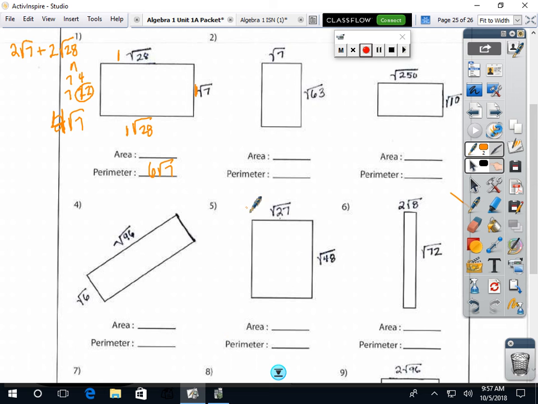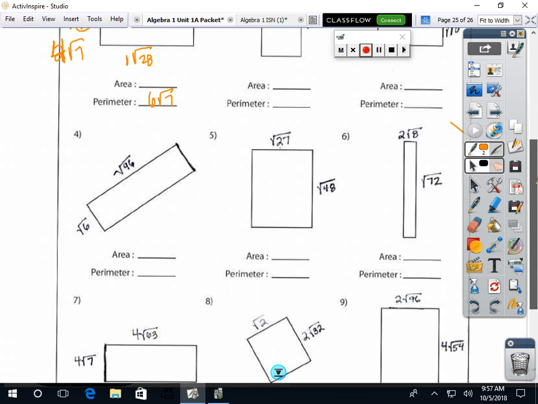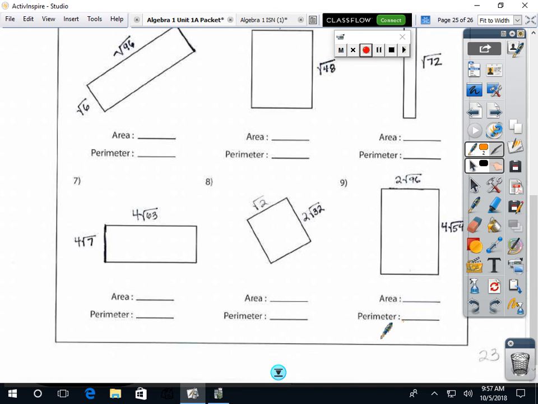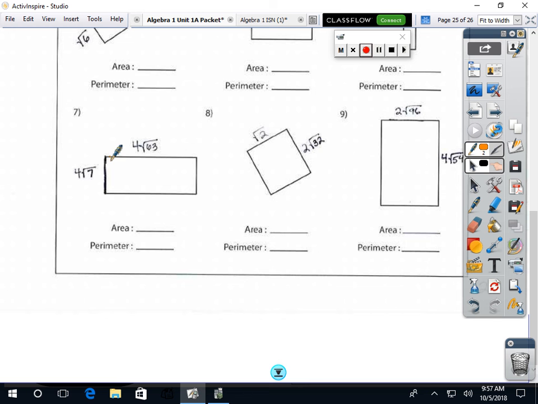All right, we've got time to do one more. Let's do one with numbers on the outside. Let's look down here at number 7. Okay, if this side of the rectangle is 4 square roots of 63, so is this side. And if this side is 4 square roots of 7, so is this side.